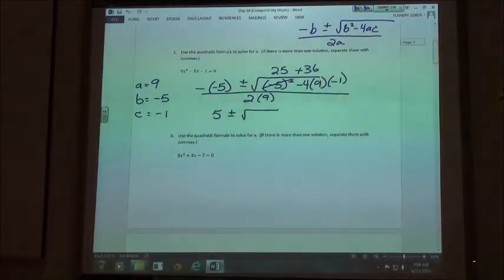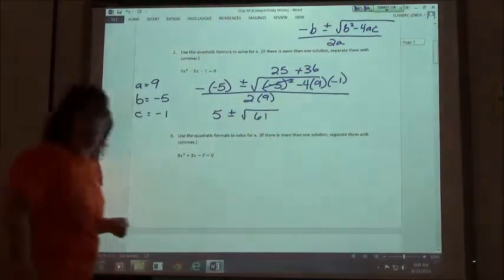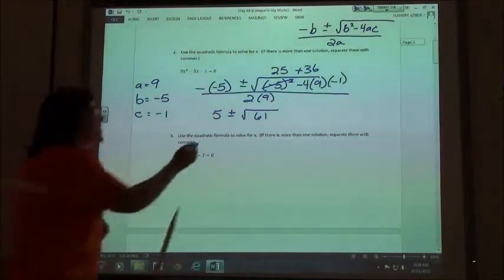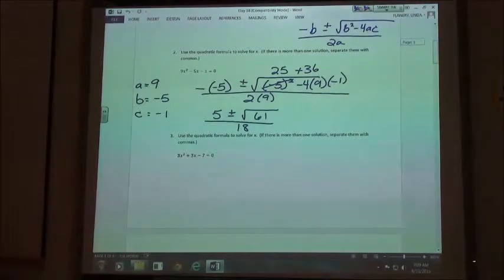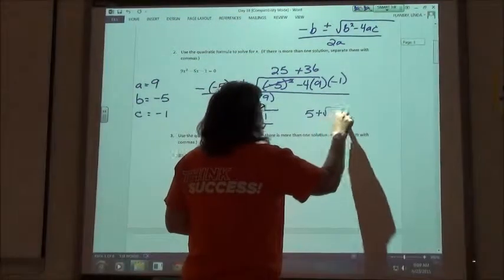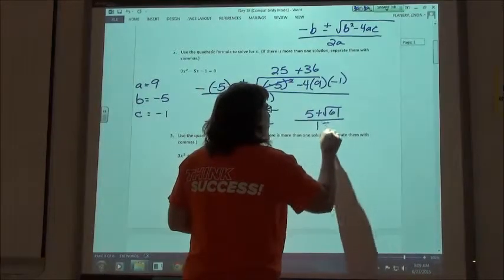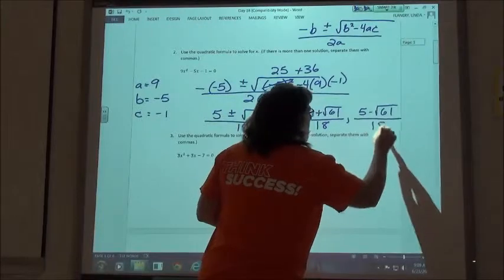And so if I take 25 plus 36, I would get 61. And if you're using your calculator, you might as well punch the whole thing in at one time. Over my denominator, 2 times 9, which is 18. So I have 5 plus the square root of 61 all over 18, and 5 minus the square root of 61 all over 18.